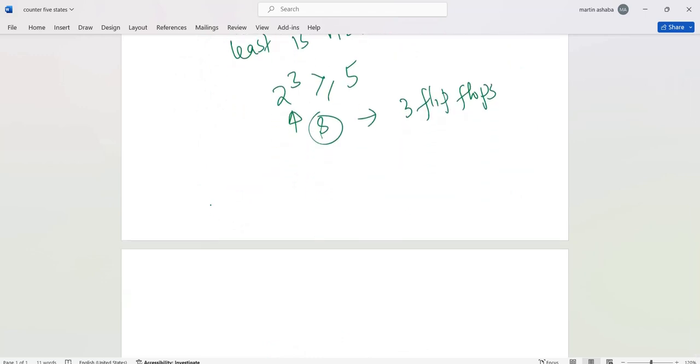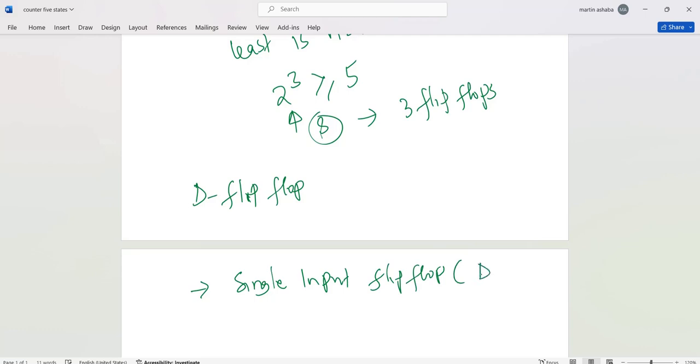Now the type of flip-flops we are going to use in this design is a D flip-flop. So what is a D flip-flop? What we know about it is that it is a single input flip-flop. The input is D. Then we are going to use the one that has a set and reset.